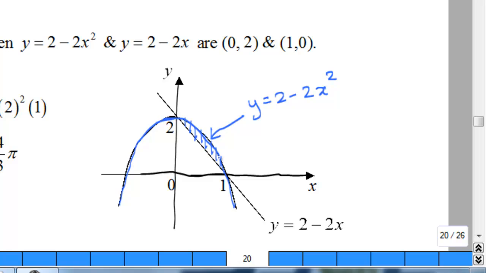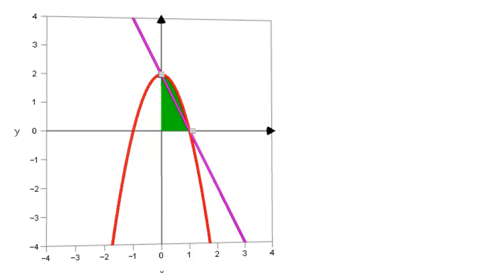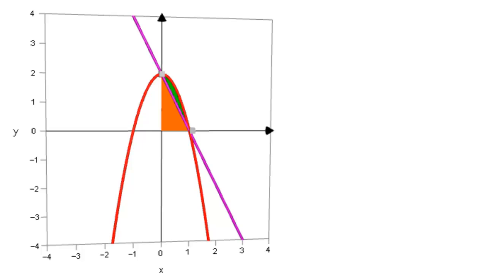So for part 1, when we revolve the shaded region about the x-axis, what kind of solid do we get? Let's take a look. Now in this diagram, the region required by the question is the region in green inside this diagram.